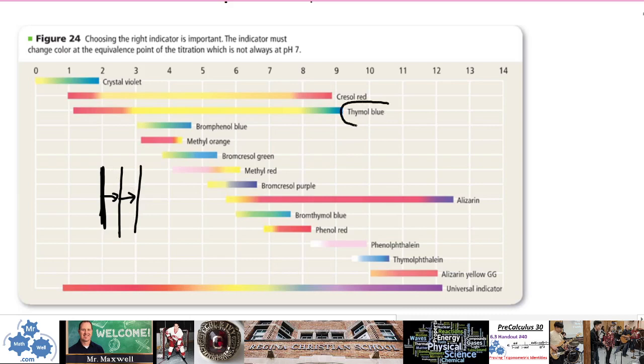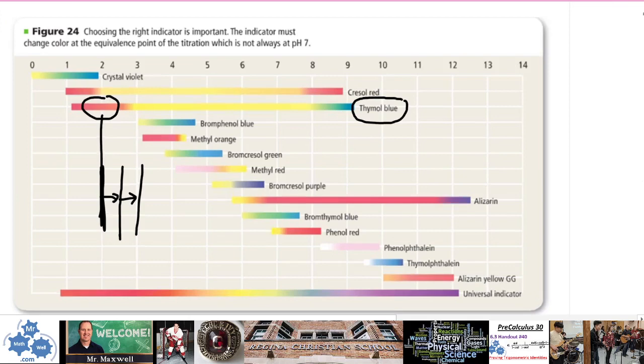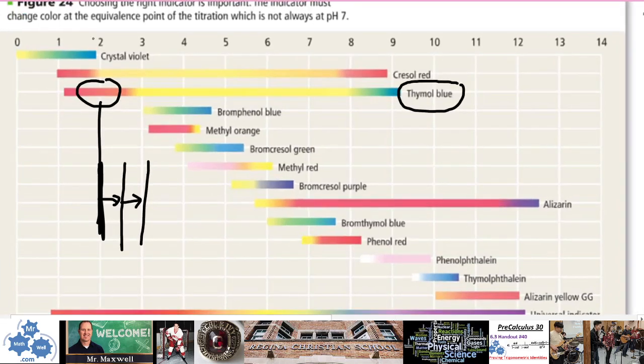Let's say we have a few drops of thymol blue in this solution. Well, at pH 2, that solution will be colored red. At pH 3 or so, right here, this indicator will change color. It will go from red to yellow right about here.